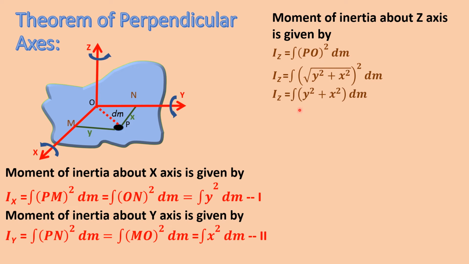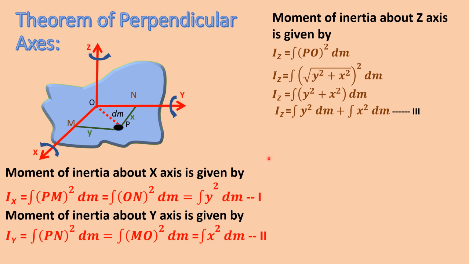Open the bracket, so we can write Iz is equal to integration of y square plus x square into dm. Open this bracket and do the integration, so we can write Iz is equal to integration of y square dm plus integration of x square dm.